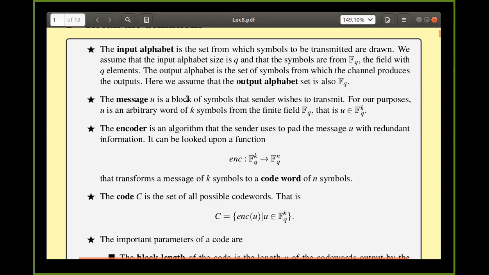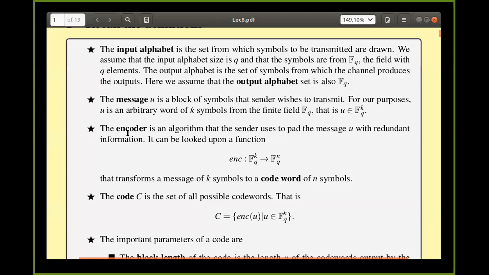The message u is the block of symbols that the sender wishes to transmit. For our purposes, u is an arbitrary word of k symbols. These are called block codes, meaning each block is of length k, from the finite field F_q, so u belongs to F_q to the power k.